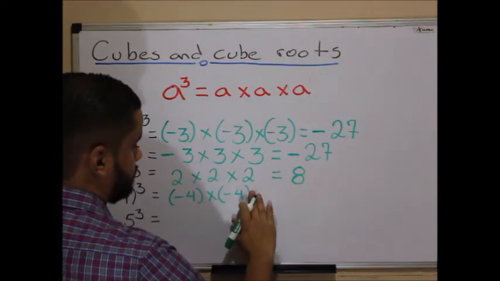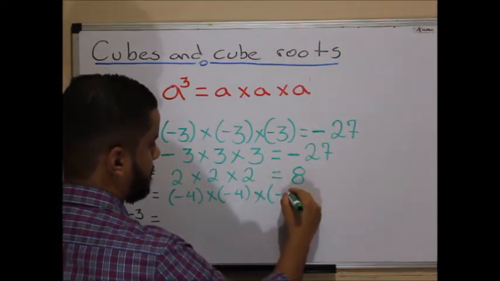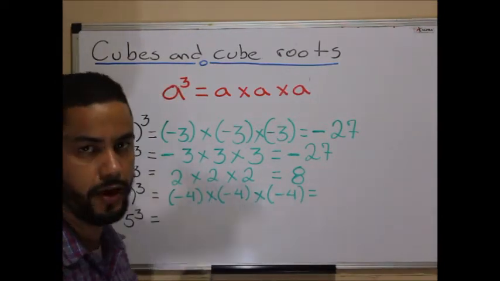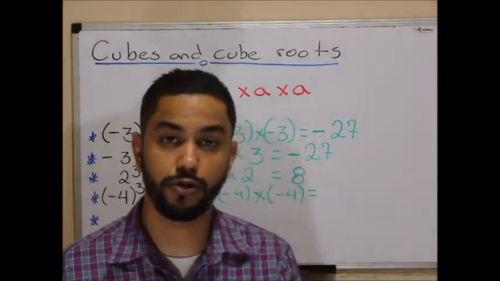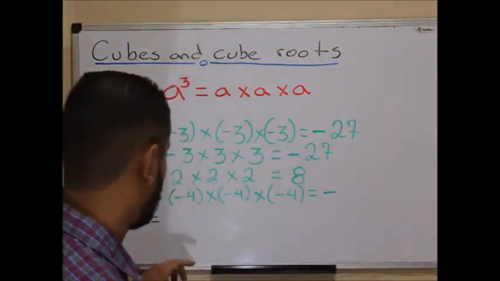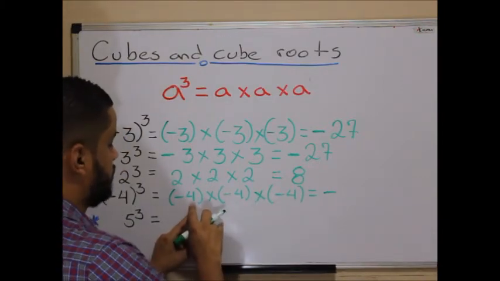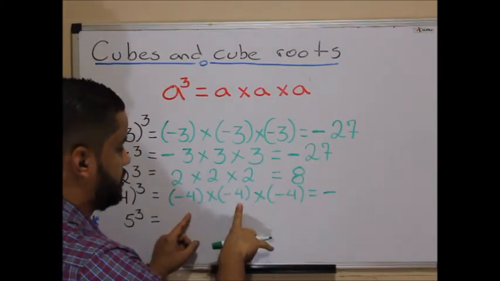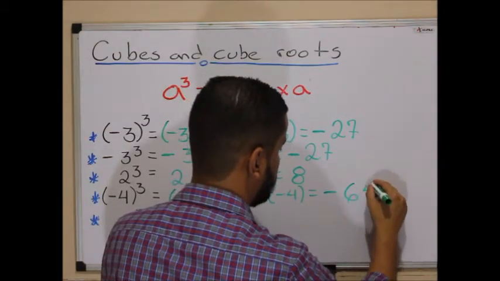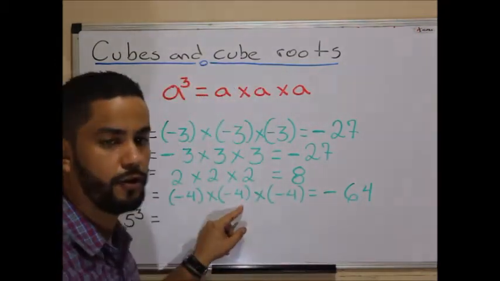We have 3 negatives, so that means that our solution will be negative. And now 4 times 4 is 16. 16 times 4 is equal to 64.